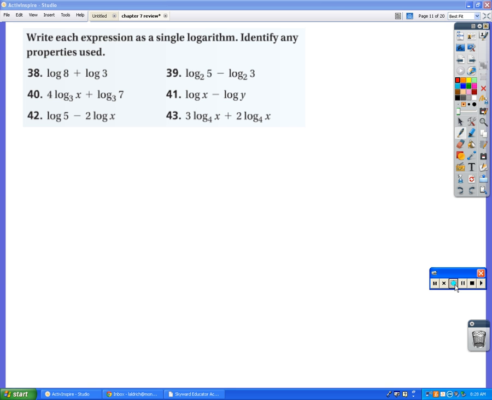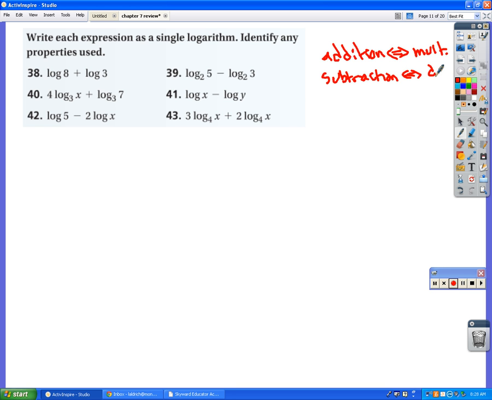The thing you have to remember, if you're doing anything with your notes, is addition is the same as what? Multiplication. And subtraction is the same as division. And multiplication is the same as what?